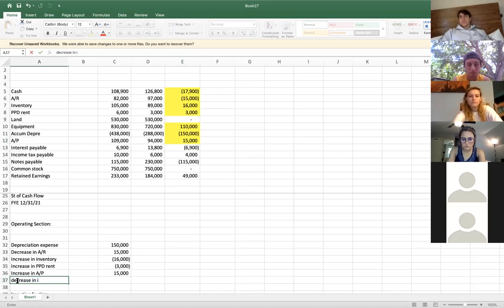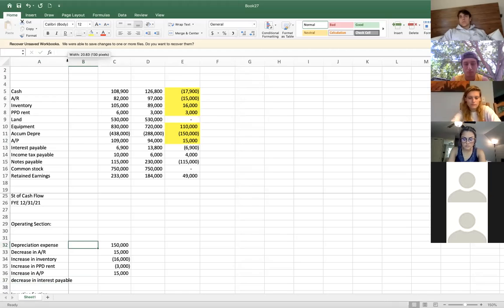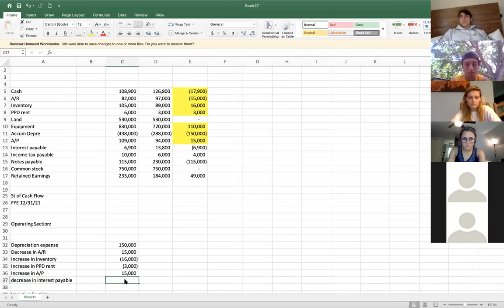So, a decrease in interest payable. Now, if interest payable decreased, am I going to add it or subtract it? Subtract. Because if a payable decreased, that means my liability decreased.